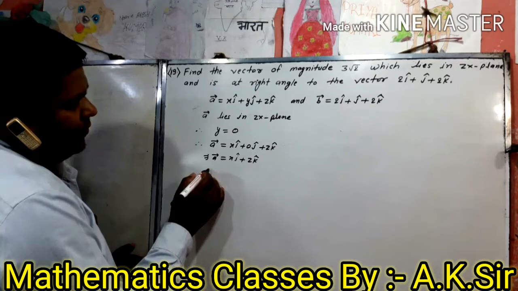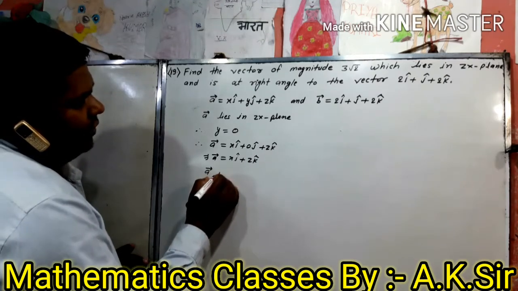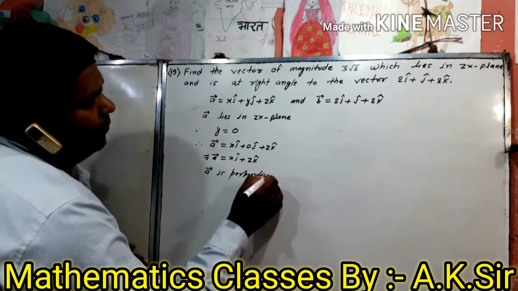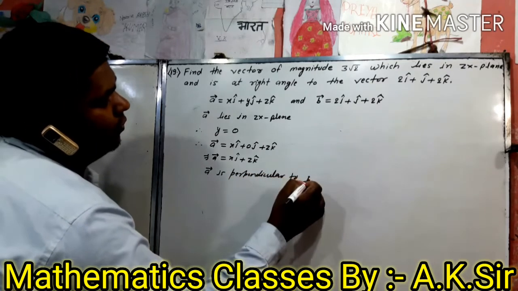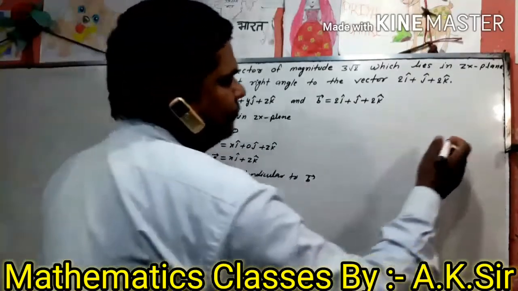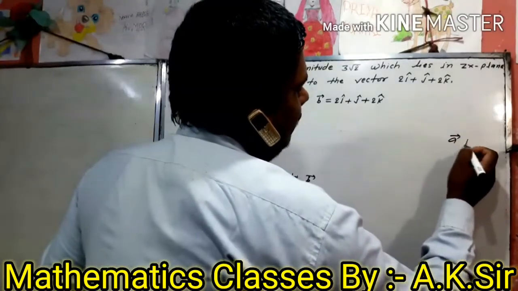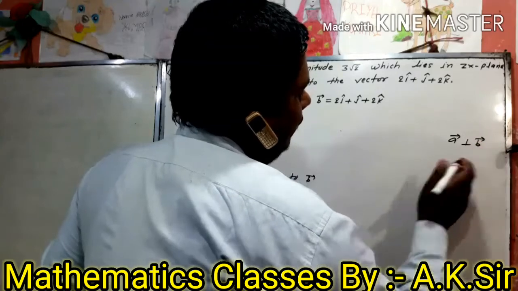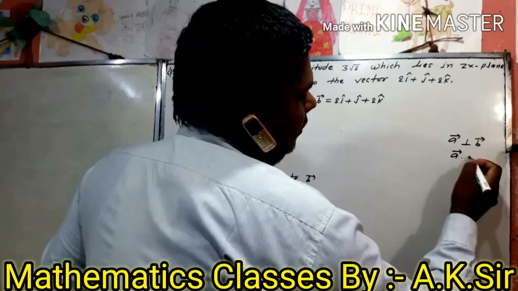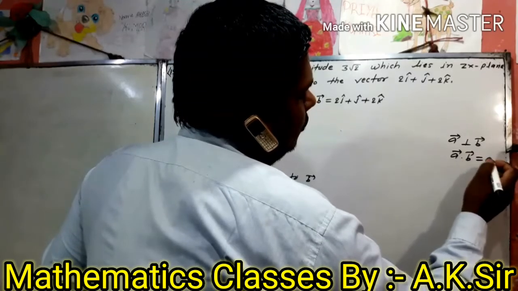It means a vector is perpendicular to b vector. We have that if a vector is perpendicular to b vector, then a vector dot b vector is equal to 0.